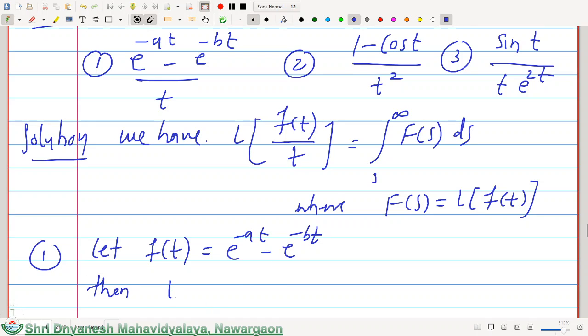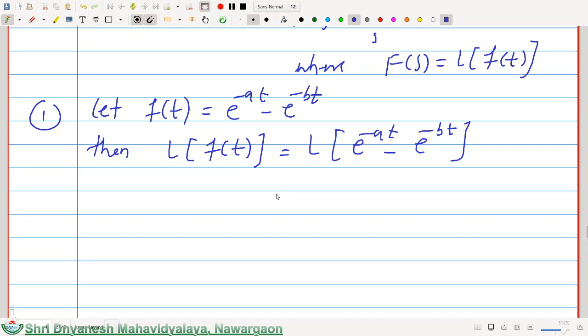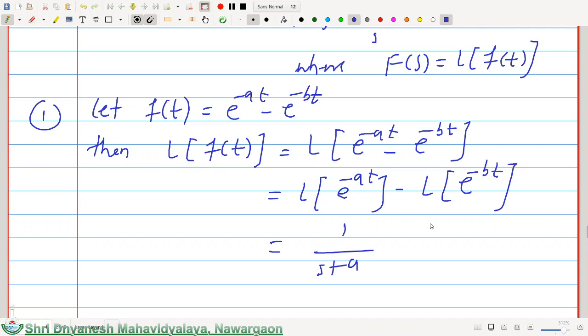Then the Laplace transform of f of t will be the Laplace transformation of e to the power minus at minus e to the power minus bt, which by linearity property is the Laplace transform of e to the power minus at minus the Laplace transform of e to the power minus bt, which equals 1 upon s plus a minus 1 upon s plus b.